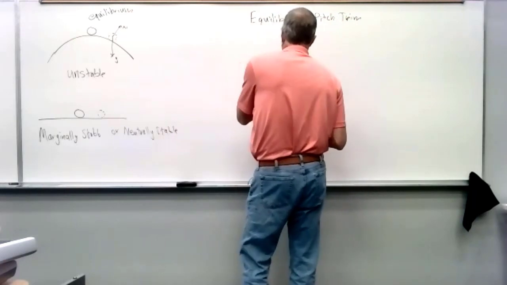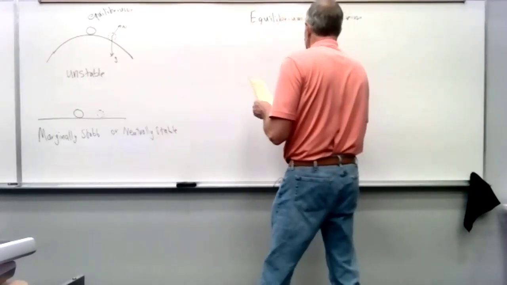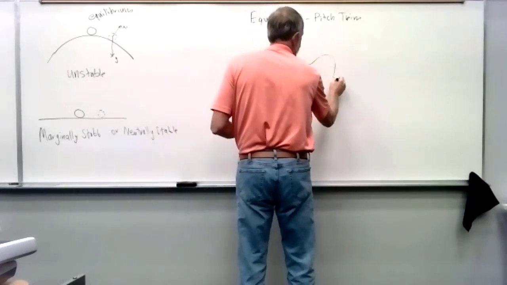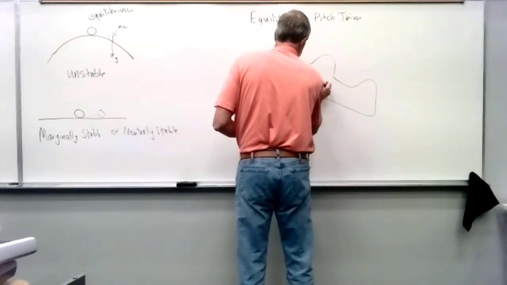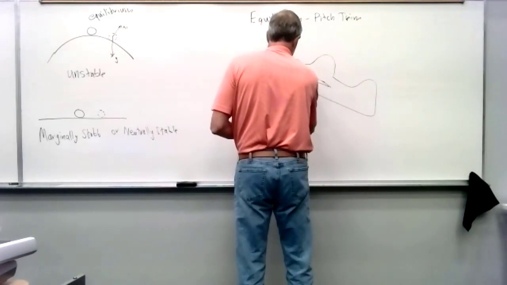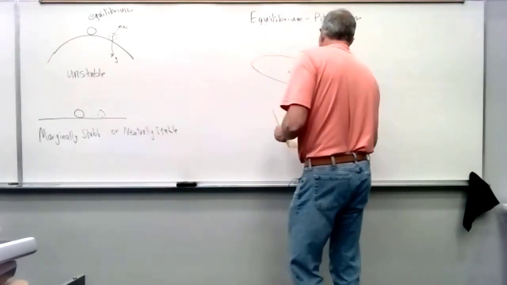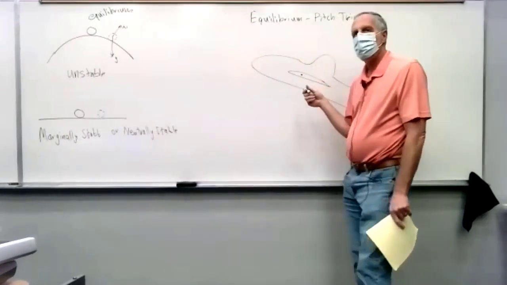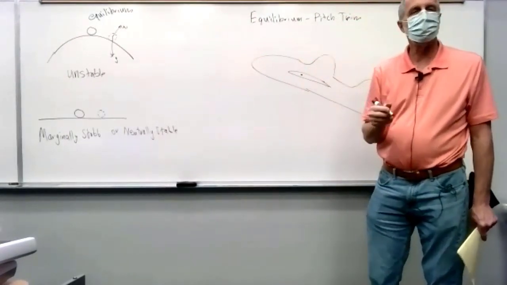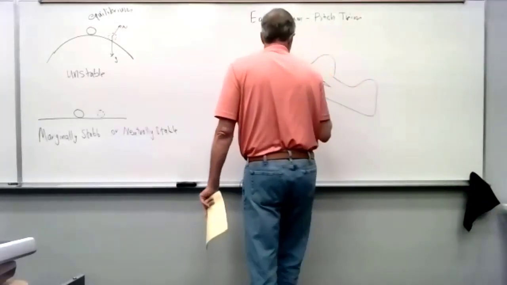So I'm going to draw a real simple airplane to illustrate this. It's just going to have a wing. So the wing has an aerodynamic center. Well, we talked about that's where we draw the forces and moments, just like the airfoil.